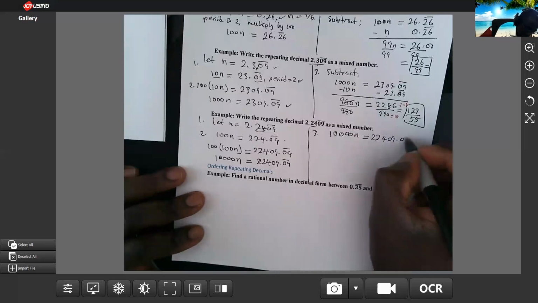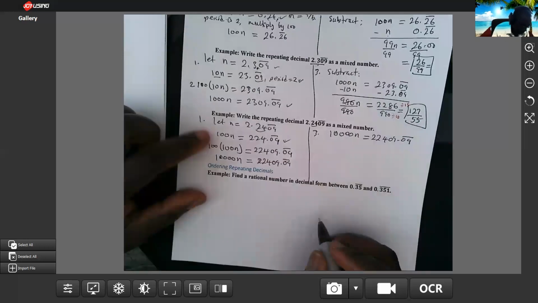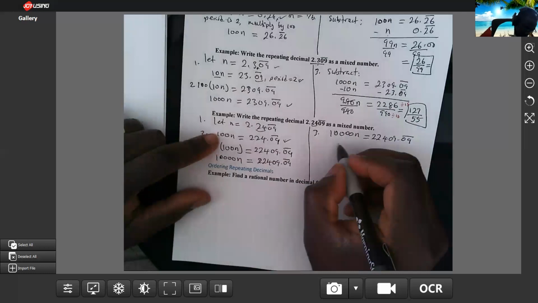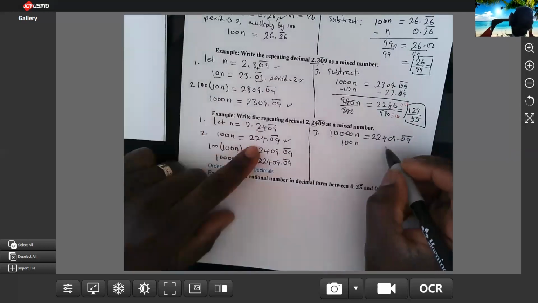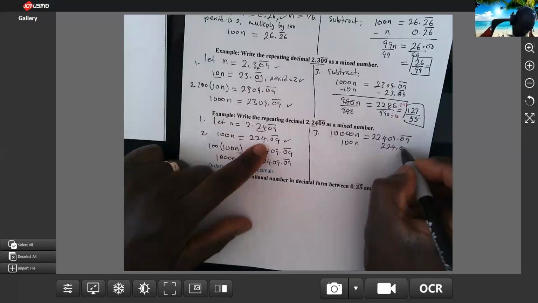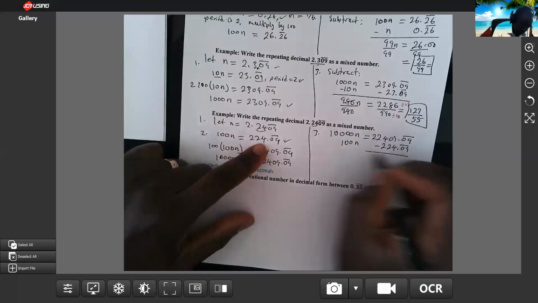You get 10,000n equal to 22,409.09. And then you subtract the same thing, which is 100n. And this part is 224.0909, so that we can get rid of the repeating part.